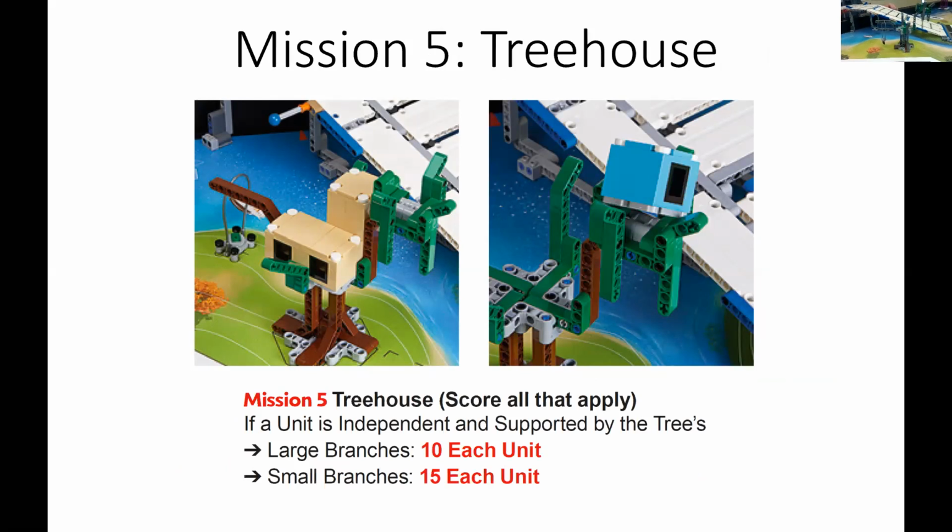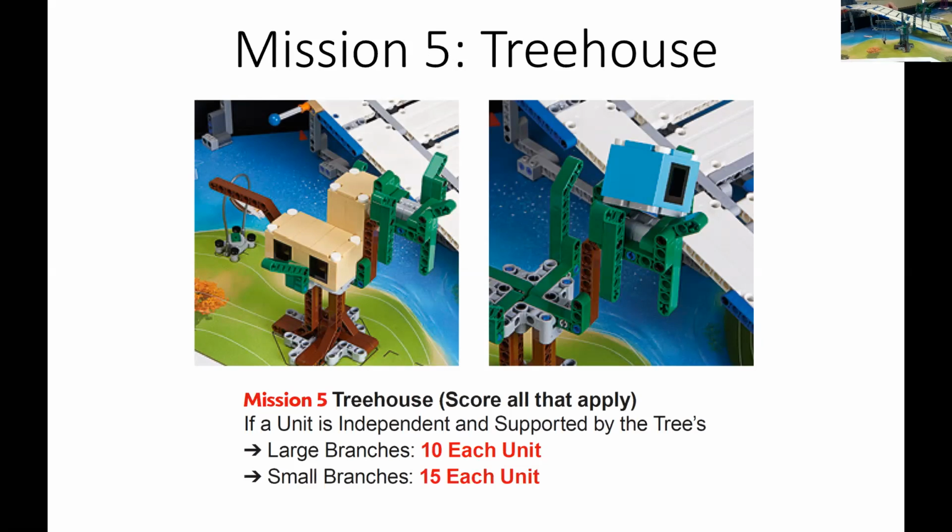So mission 5. The ways to score this are if a unit is independent and supported by the tree's large branches, you get 10 for each unit, and small branches 15 for each unit.